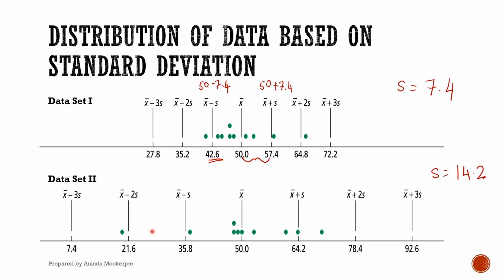All right, for data set 2, they've done the same thing, but they have used a standard deviation value of 14.2, which was the standard deviation value for data set 2, right? But look at the spread here. We see that these dots are spread out further from the mean than in data set 1, right?